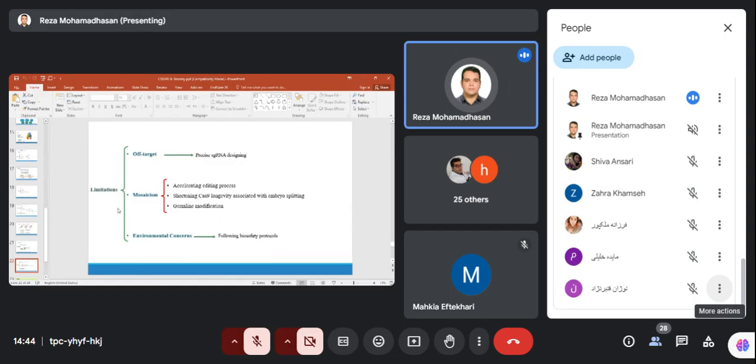Okay. The main limitations in CRISPR technology include off-targets, which you can fix by designing a precise sgRNA. And the second one is mosaicism. That means you have different cells.